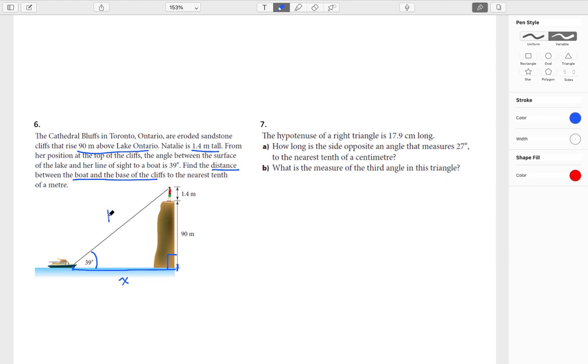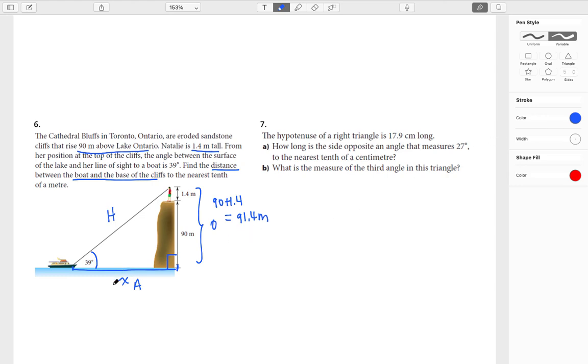So this is hypotenuse, opposite from 90. This length, the whole length over here, is opposite. And to find the whole length of opposite, it looks like 90 plus 1.4. So that will give me 91.4 meter. That's my opposite. And this is adjacent.